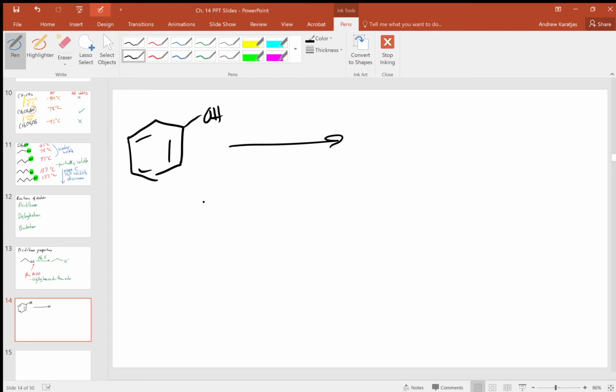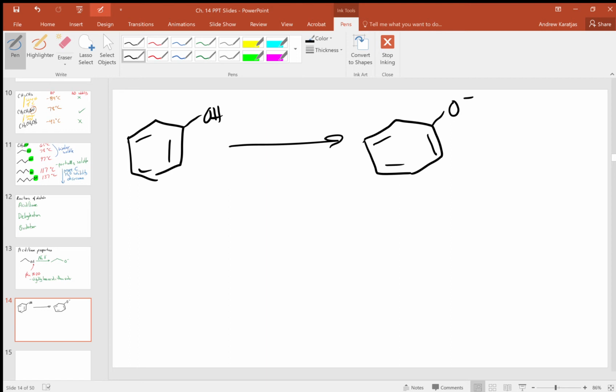The reason for that is the conjugate base of a phenol has the O- next to an aromatic ring. And for reasons that we don't really get into in this course, having a negative charge next to an aromatic ring makes that negative charge a lot more stable.